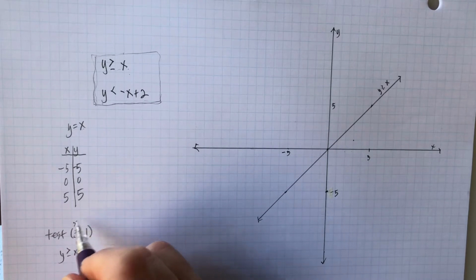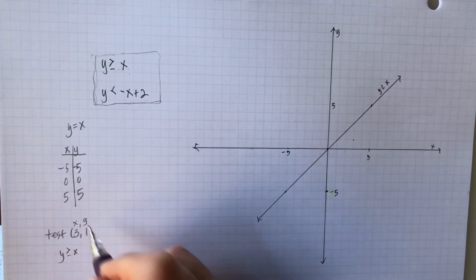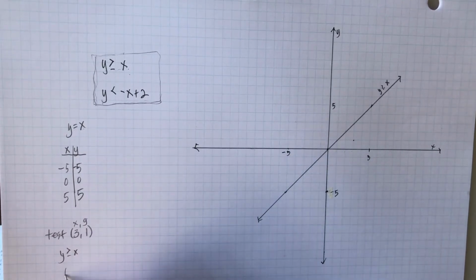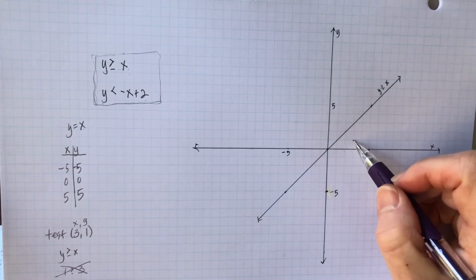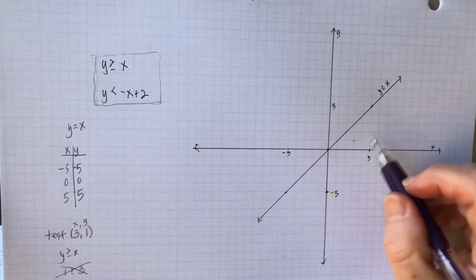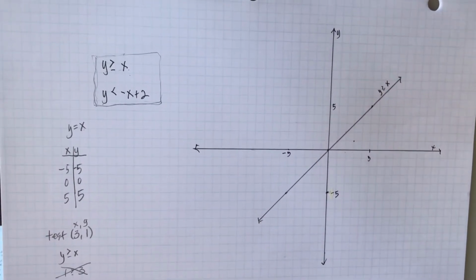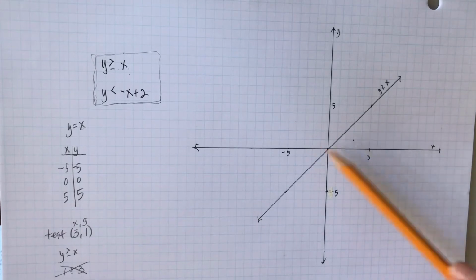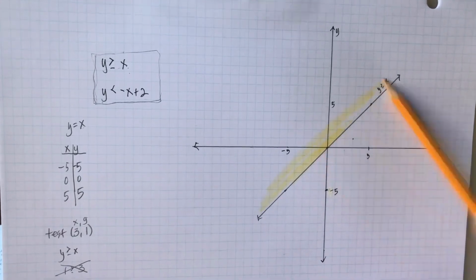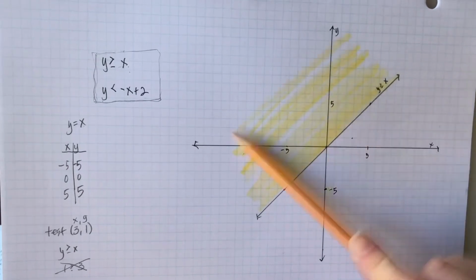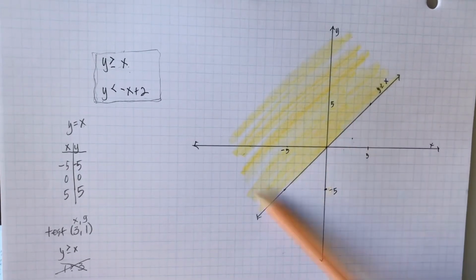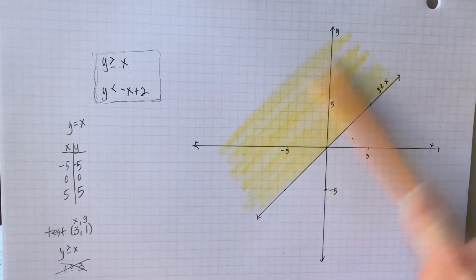So remember, this is our x, that's our y. So 1 greater than or equal to 3, nope. So this is not true for this point, meaning we're going to shade the opposite side of that line. All right, so that's our first inequality taken care of and graphed.